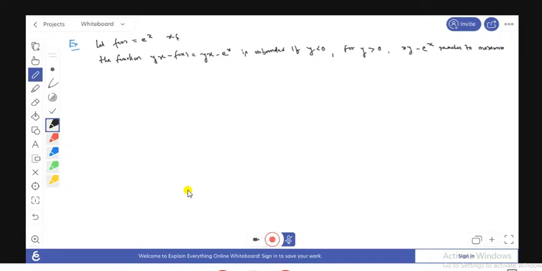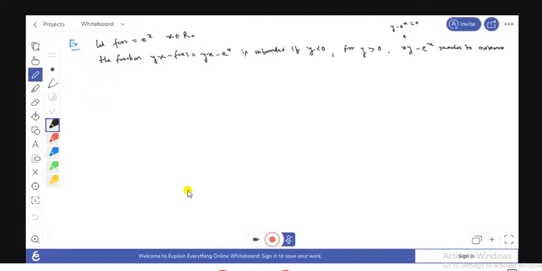Here x belongs to R plus. So when does the maximum occur? When you differentiate this function with respect to x, this is y minus e to the power x equals 0.